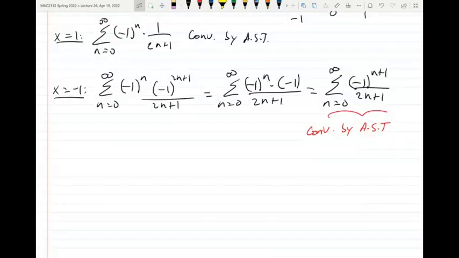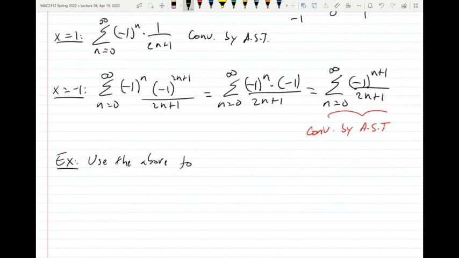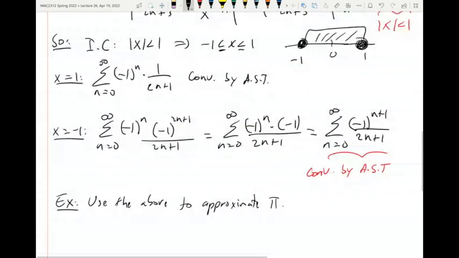Okay, and you're going to do this in the homework, but here is an exercise for you to do at home. Use the above to approximate pi. In particular, I don't want you to actually approximate it because, as you're going to see, this is not too good of an approximation because of what I'm about to tell you.